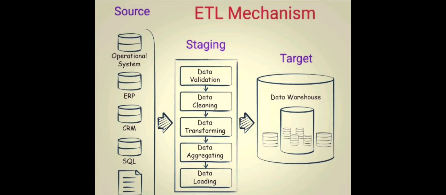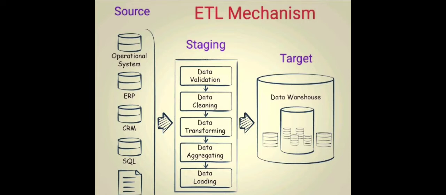What are those? Just have a look at this diagram, in the staging area: data validation, data cleaning, data transforming, data aggregating and data loading, all with respect to business requirements. We'll go one by one. Data validation: once we extract data from 5 different source systems and load it into the staging area, we validate that the data is extracted from the source as per requirement.